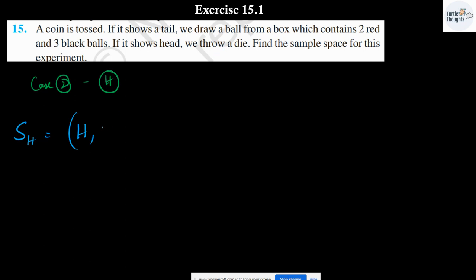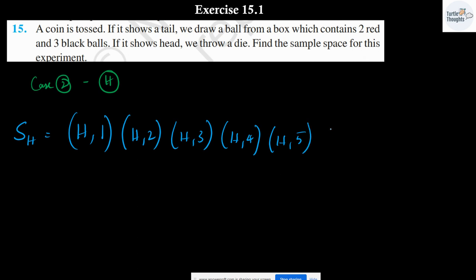When you throw a die, either you can get a 1, with tail you can get 2, with tail you can get 3, 4, 5, and 6. The total possible outcomes is going to be 6 over here.